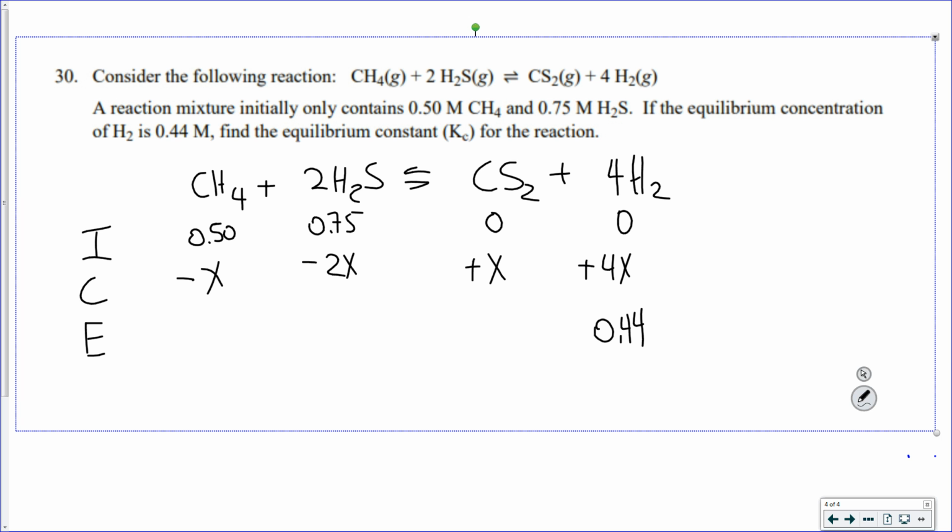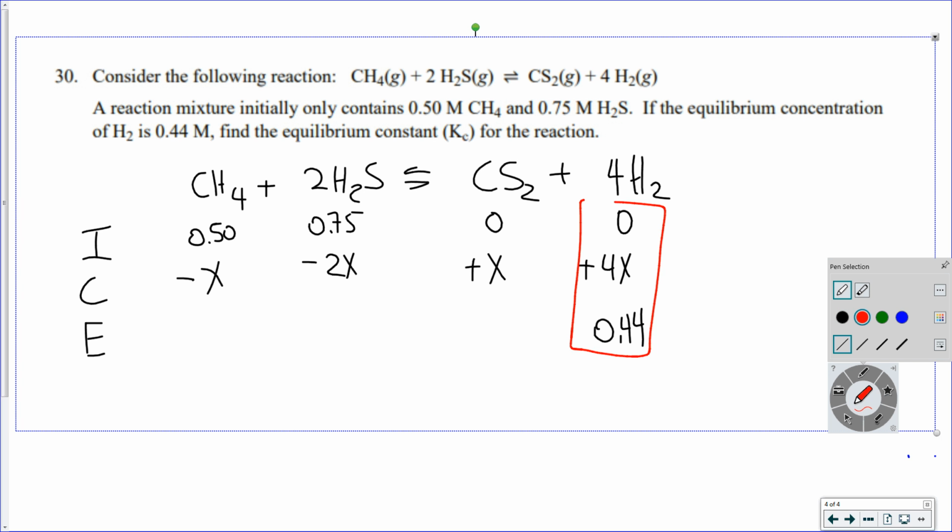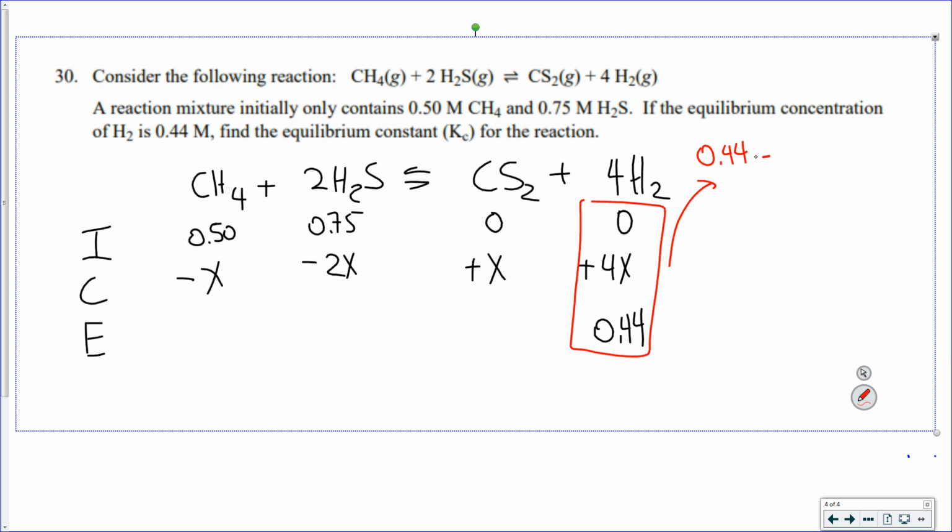I can use the column where I know everything, and find x. The final concentration 0.44 equals the initial concentration plus the change. That's easy to see: when the initial is 0, x is 0.11.